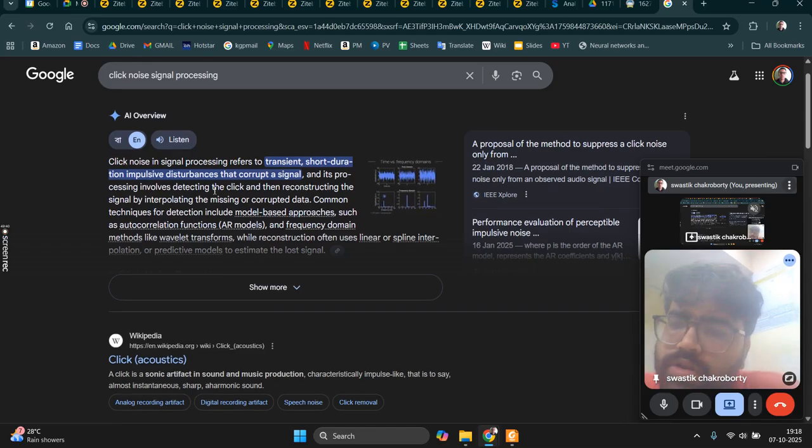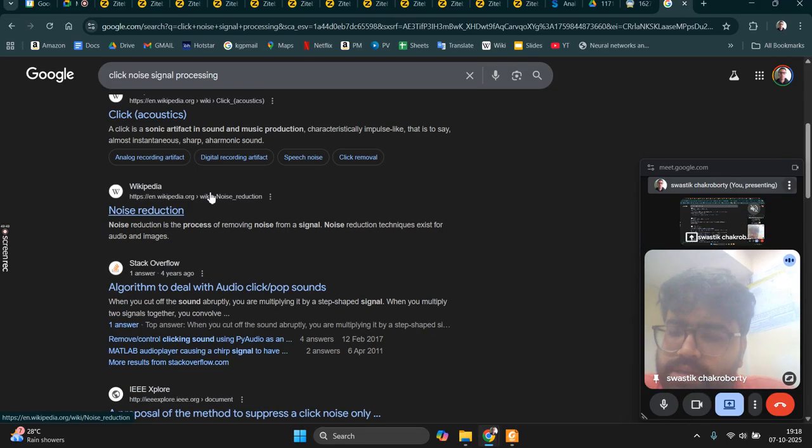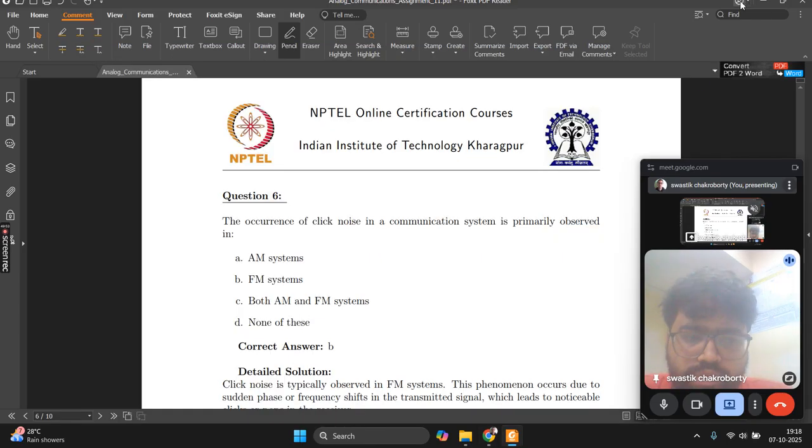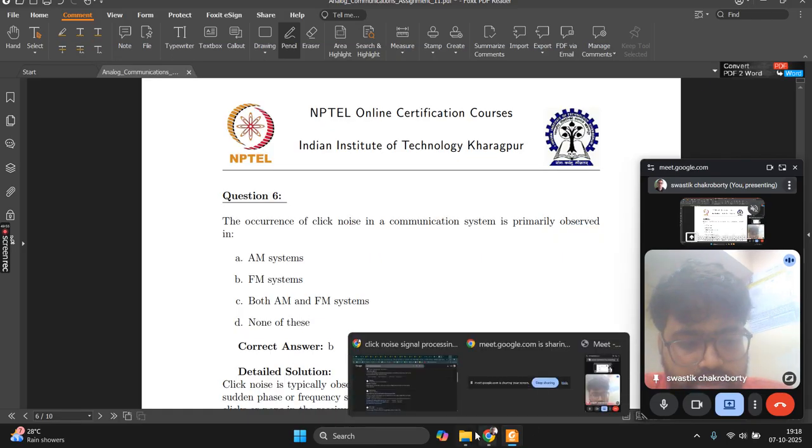Click noise in signal processing is a transient short duration impulsive disturbance that corrupts the signal. So click noise happens suddenly and it will be a very short duration but high magnitude impulse.